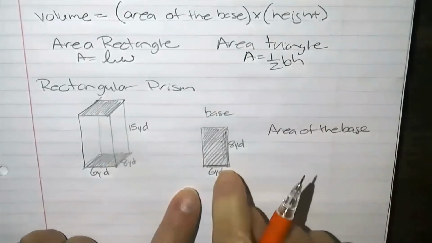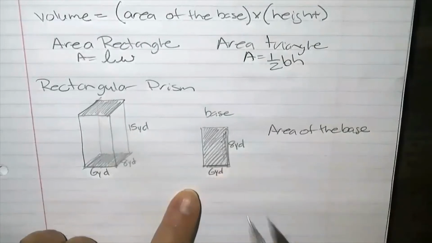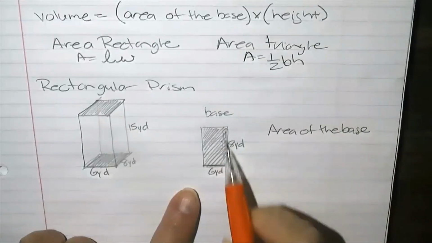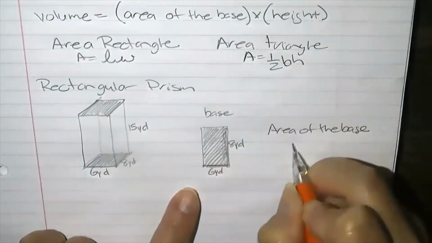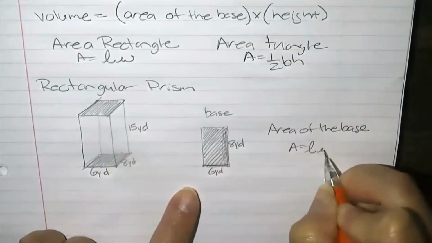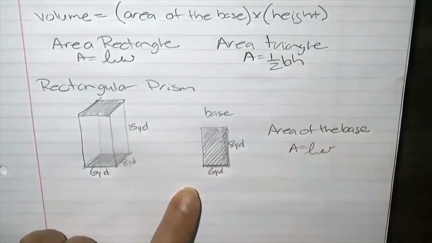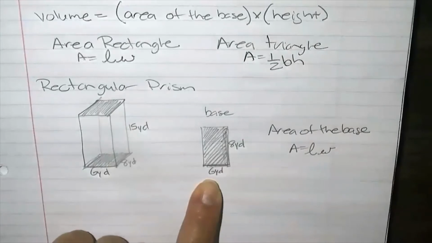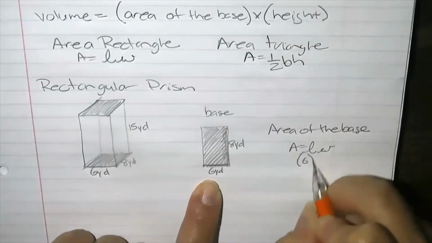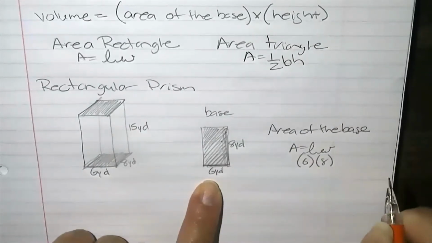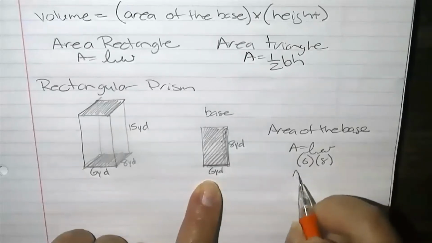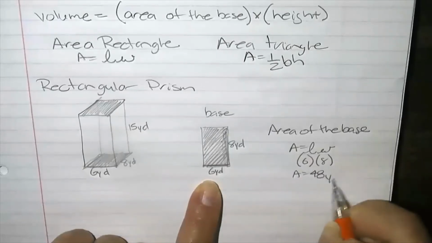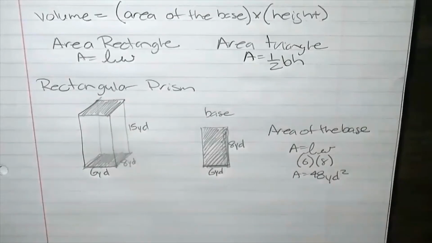In this case, my base is a rectangle, so the area is the length times the width. So it's 6 times 8. So the area of my base is 48 yards squared.